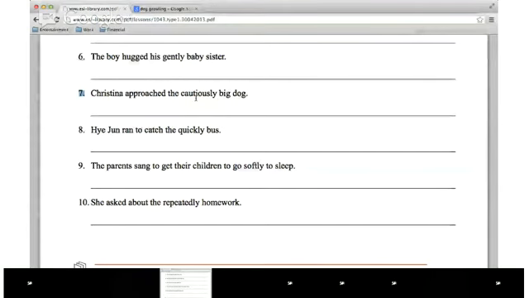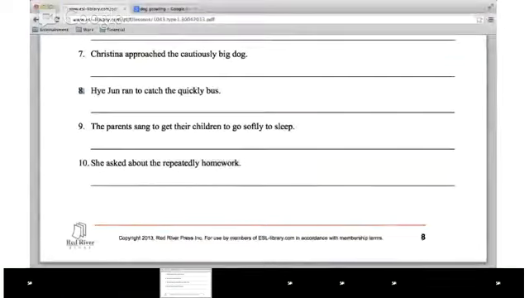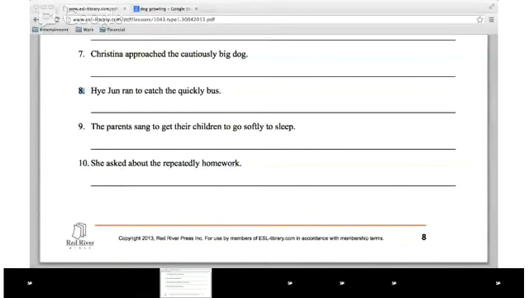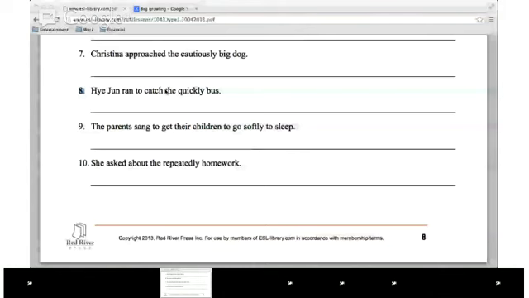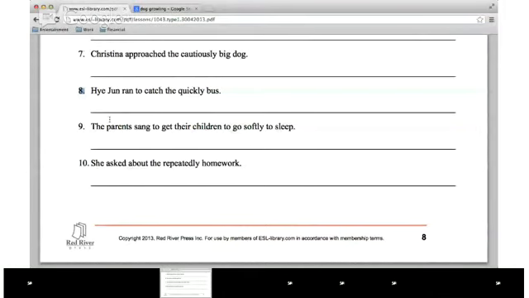Yes. Okay, excellent job. All right, how about number 8? Number 8 is for Carlos. Haijun ran quickly to catch the bus. Yeah, Haijun ran quickly to catch the bus. Excellent job. Okay, you could also say Haijun quickly ran to catch the bus.